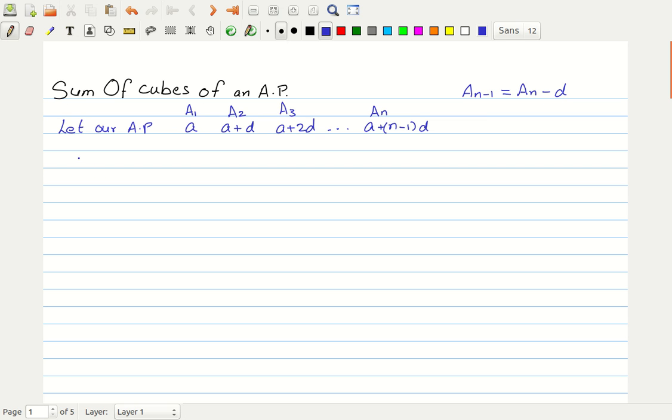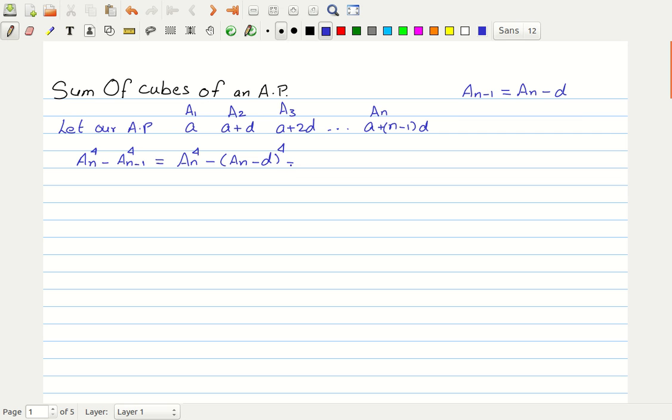Now consider the expression a n to the power 4 minus a n minus 1 to the power 4. This is equivalent to a n to the power 4 minus a n minus d to the power 4.